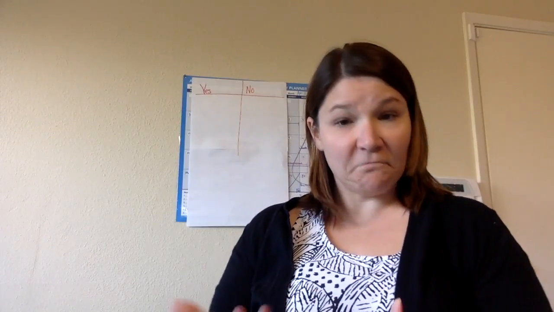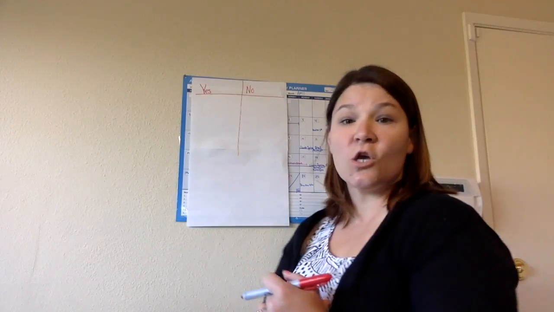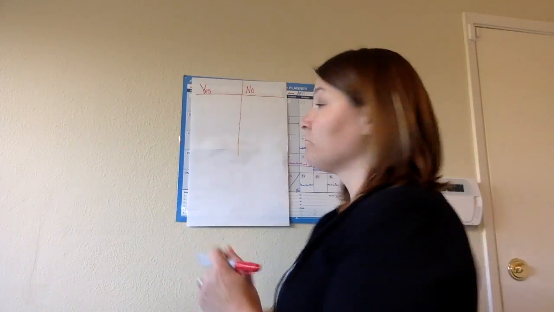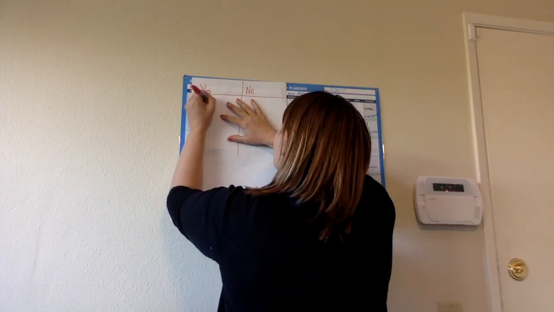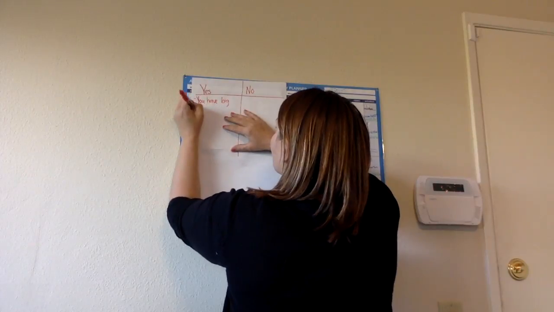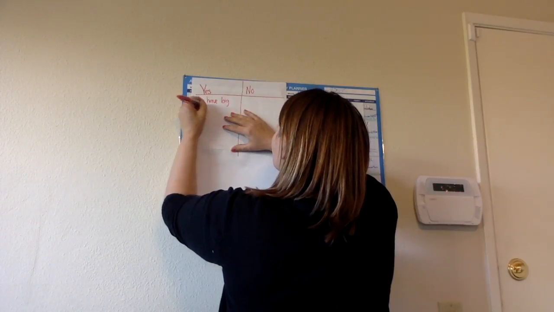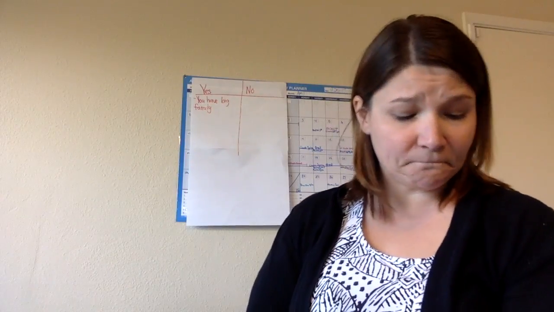So the first thing that we're going to say is, you might have a big family. This might be why you're going to use this skill. You have a big family.